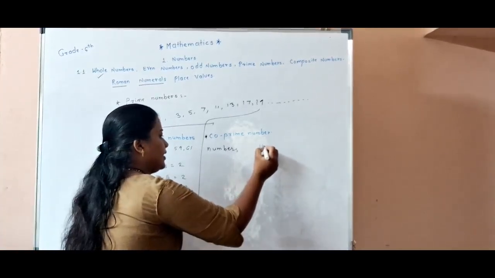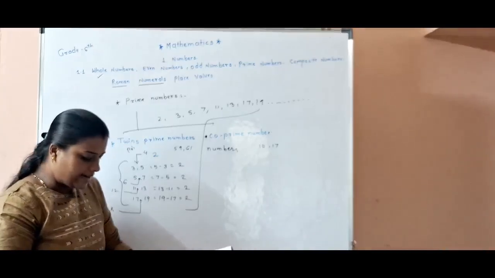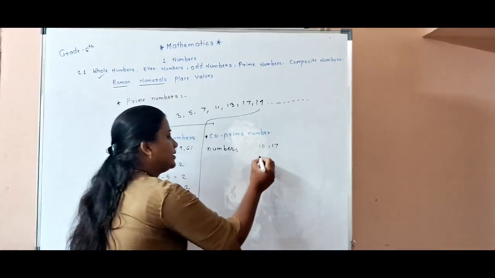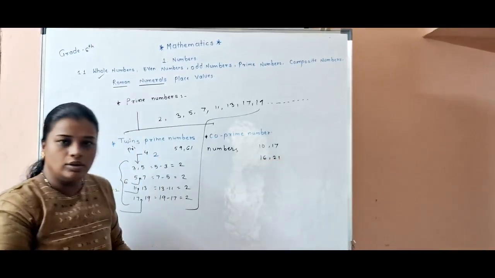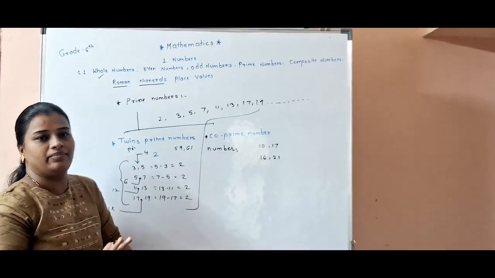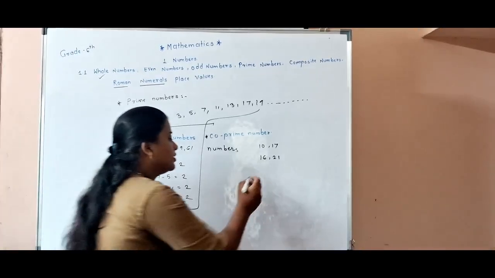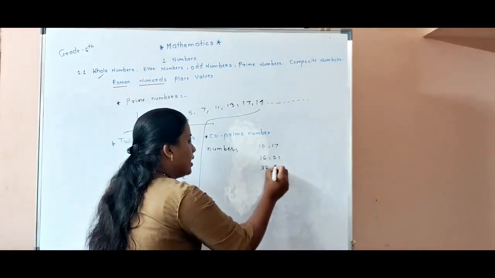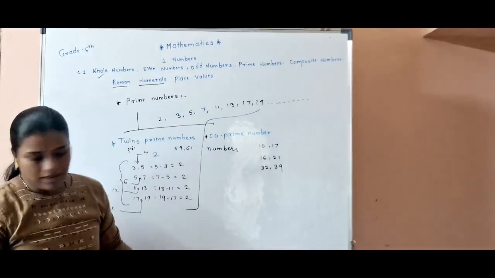See, 10 and 17: you will not find any common factor between them. 16 and 21: 21 comes under the tables of 3 and 7 only, so no common factor. Again 32 and 39. Many pairs like this are there.